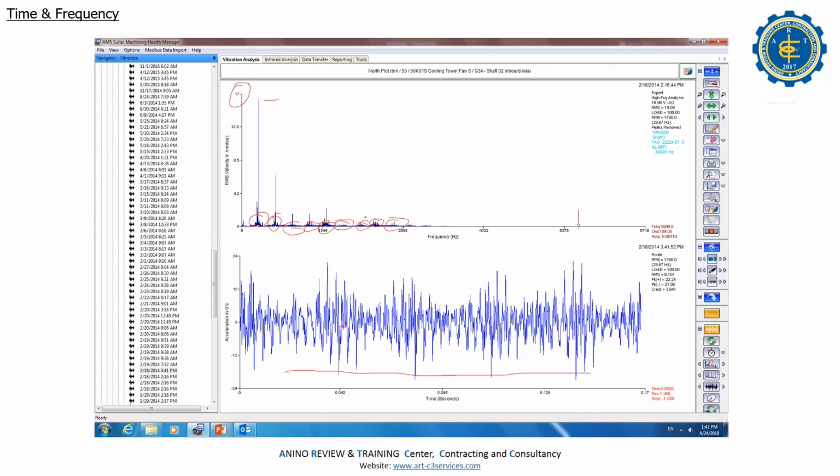So if you report this one, this high vibration is dominated in the 1X, right? Then you have side bands, bearing frequencies. Then if you include this one, time waveform, it's an impacting. It's good.